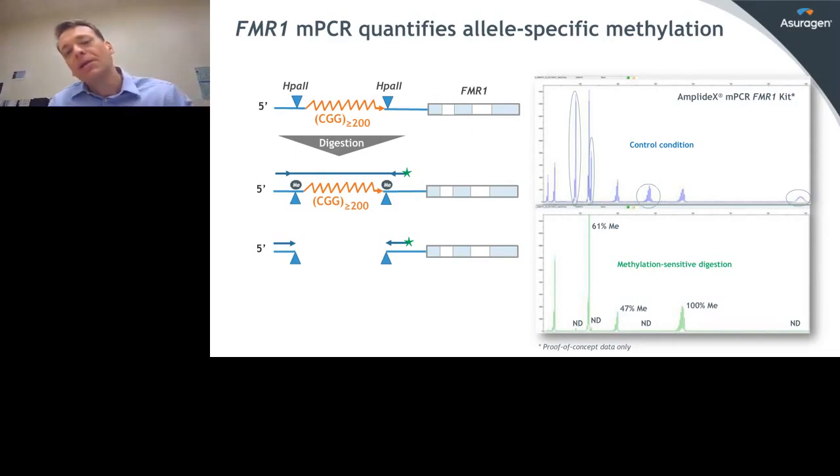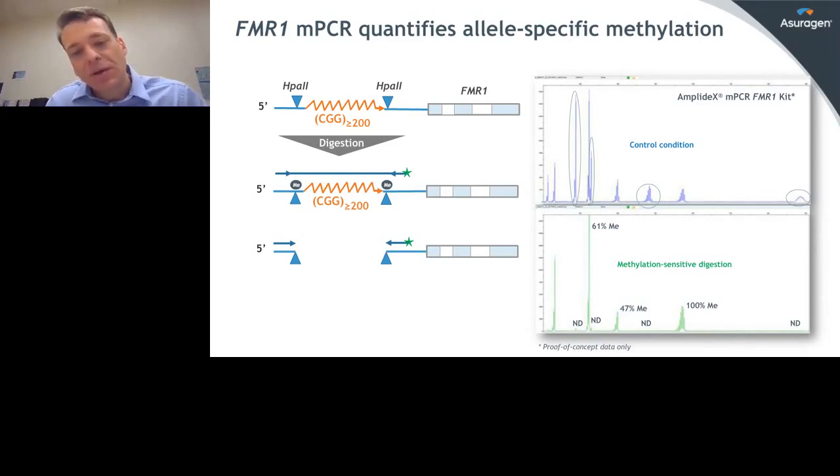So this is tapping into now 3 different color channels within the SeqStudio, because we have a sizing ladder in one channel in ROX, and then we have these 2 other color channels that we use to resolve allele-specific methylation. The peaks that are circled here in the control condition are those that are completely obviated in the methylation-sensitive digestion.